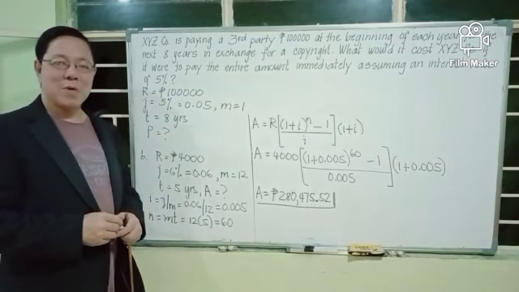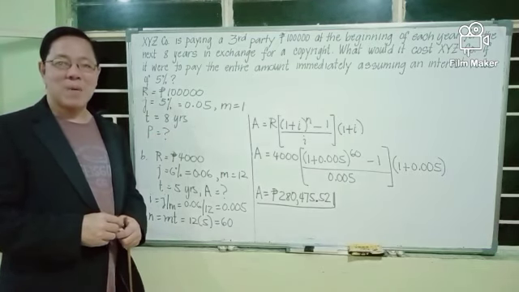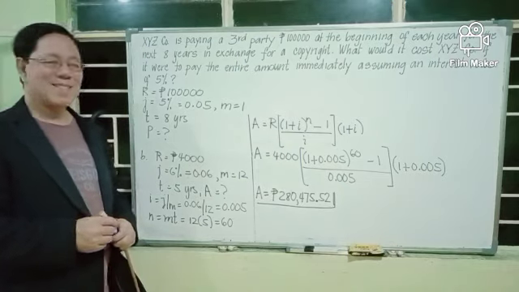For annuity due, the formula for computing its present value is given by the following.